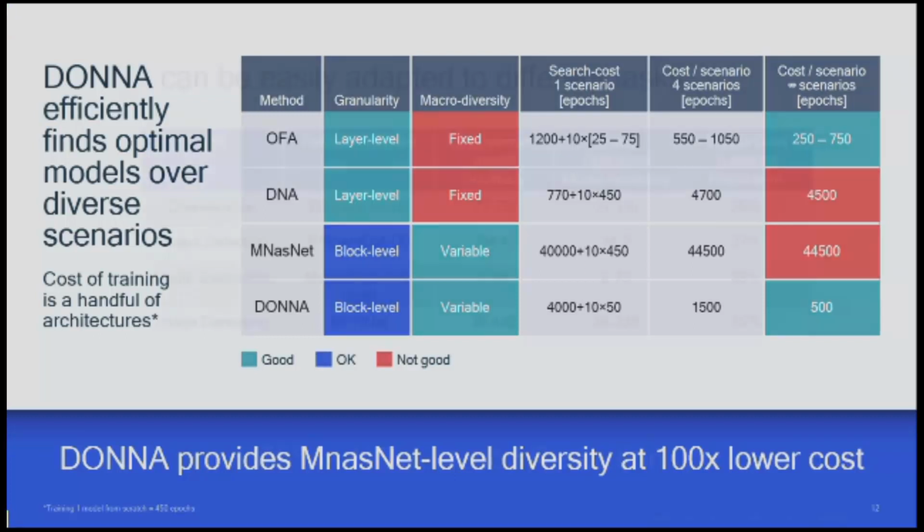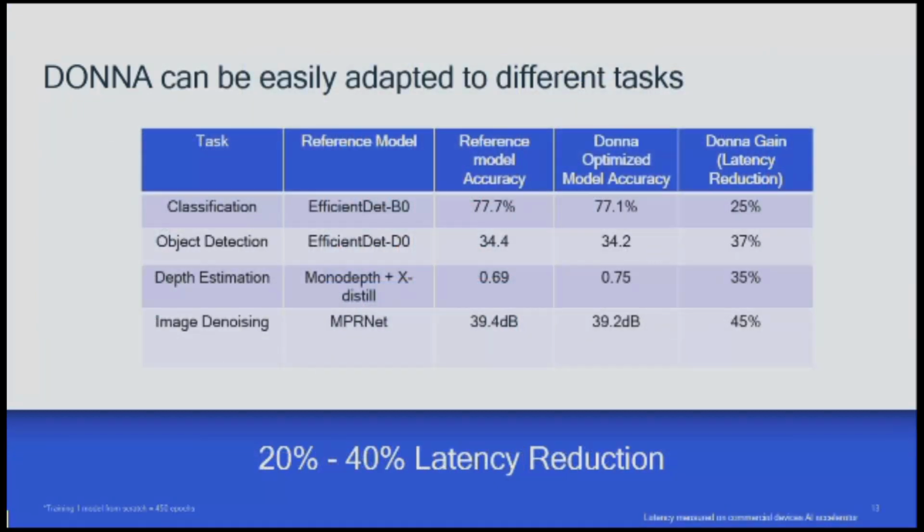And not just cost-wise, it can be expanded well to different kinds of tasks, for example, from classification to object detection, even depth estimation and image denoising. We've shown that we have gained latency from 25% to 45%.